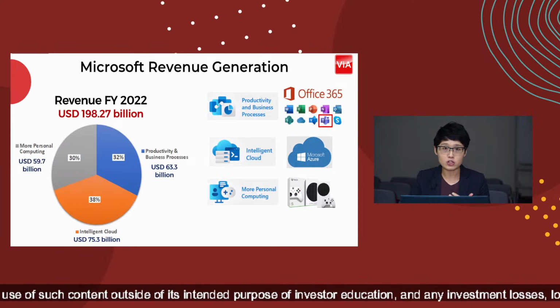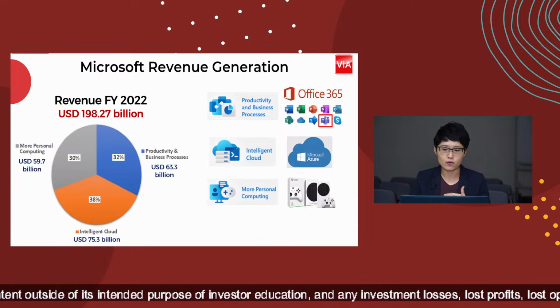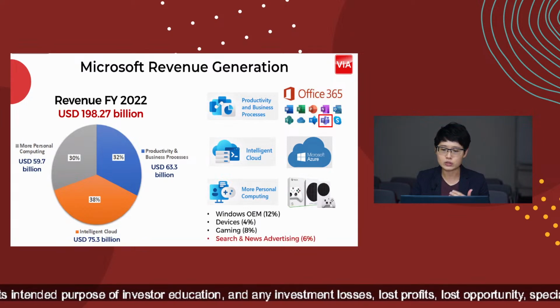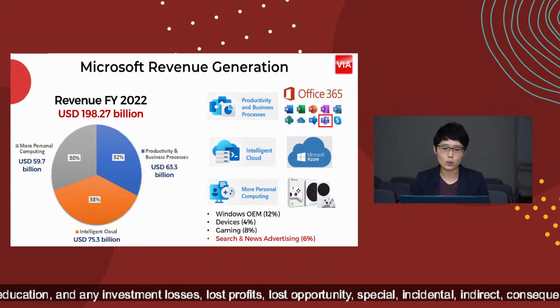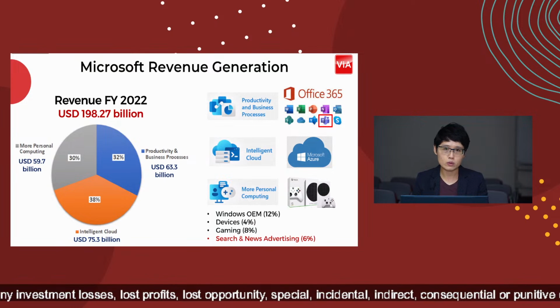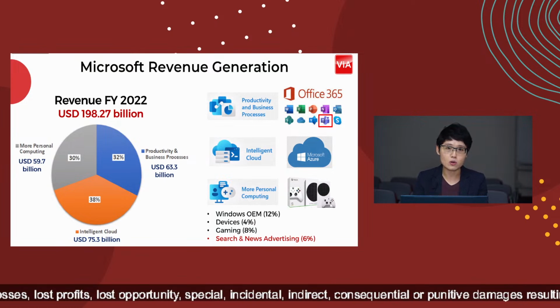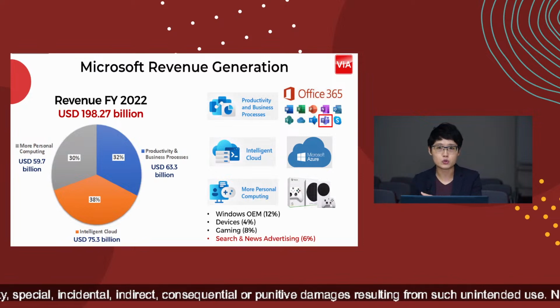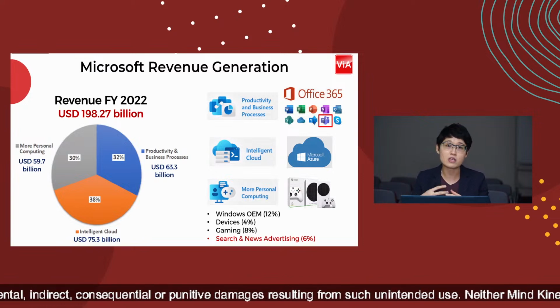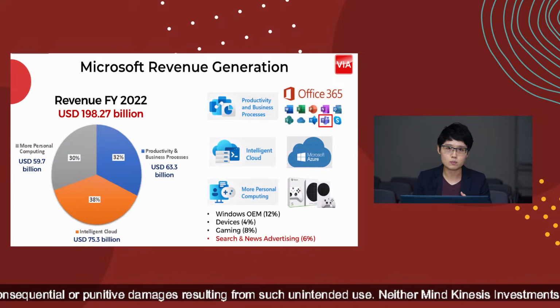It generates about 30%, but it comes from 4 different areas, which is here, Windows OEM. Windows OEM is when you purchase a new computer, the Windows software is already installed onto the computer, compared to when you subscribe to Microsoft 365 or maybe purchase another individual Windows software.